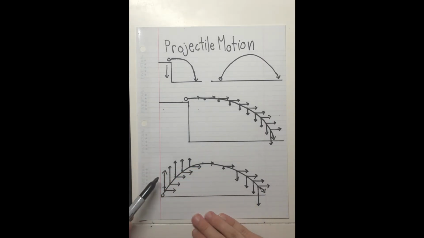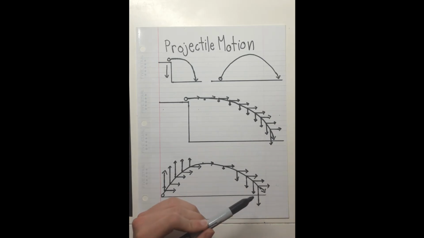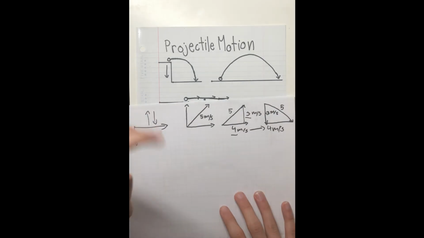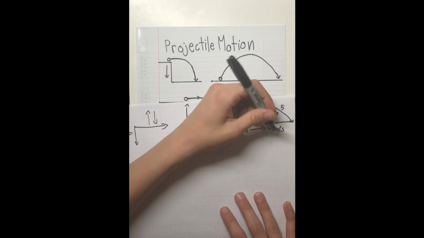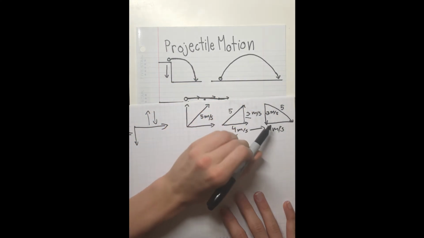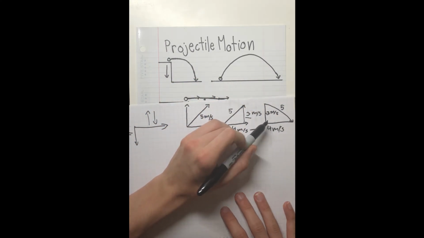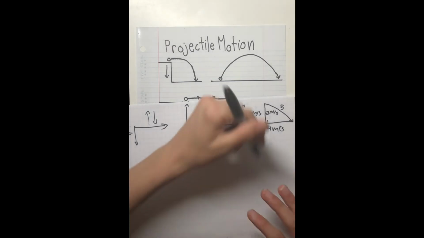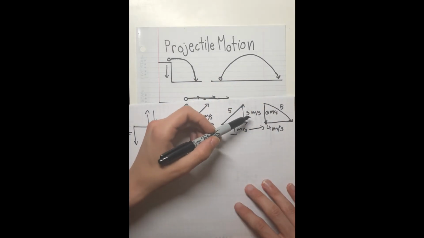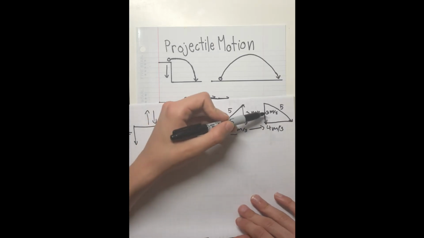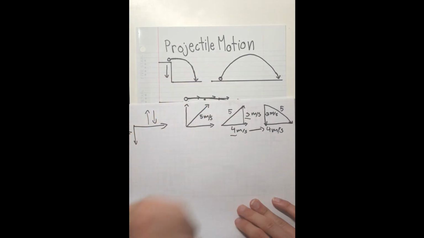The only difference is that they're in the opposite direction. Similar to how 3 meters per second is the same value in absolute value as negative 3 meters per second, but the only difference is that they're in opposite directions. One's positive and one's negative.